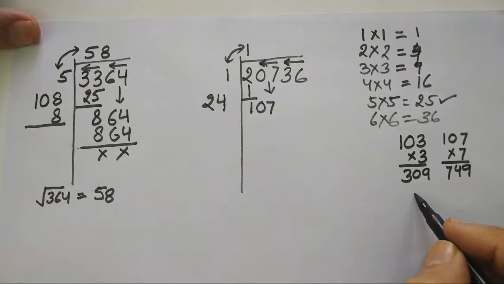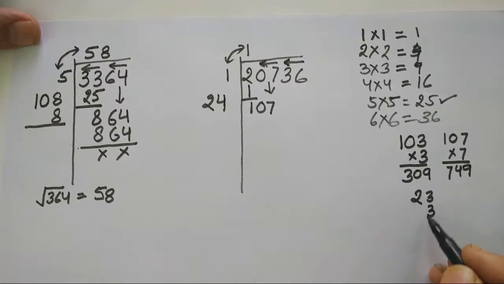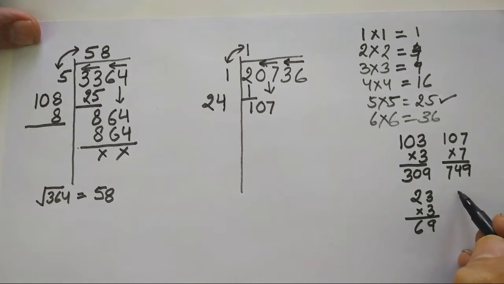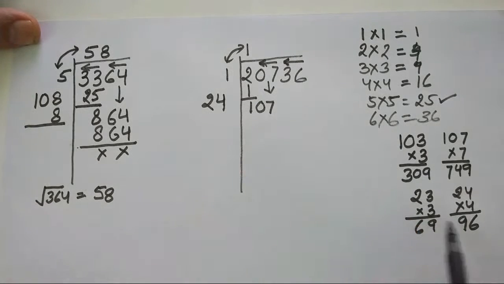You can put numbers like 3, which will become 23, into 3 will become 69. Trying 4, 24 into 4 will become 96, which is less than this.